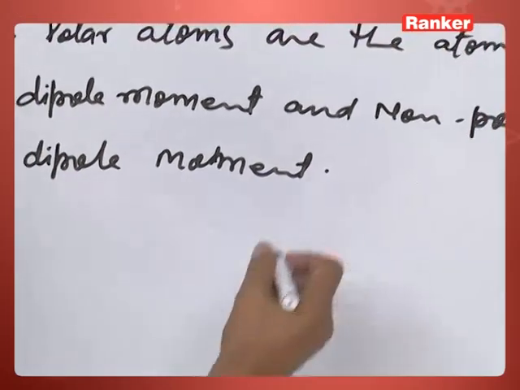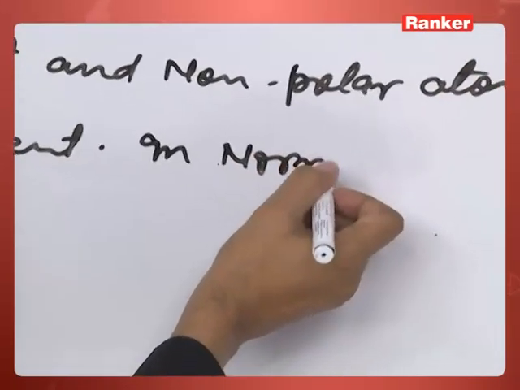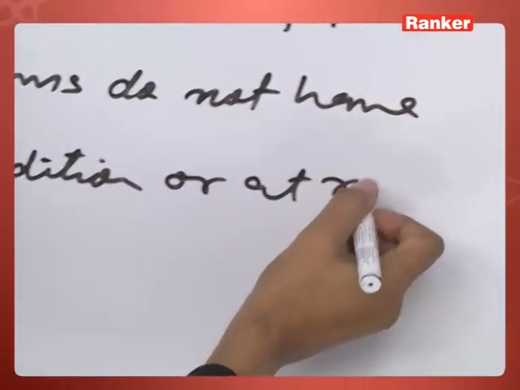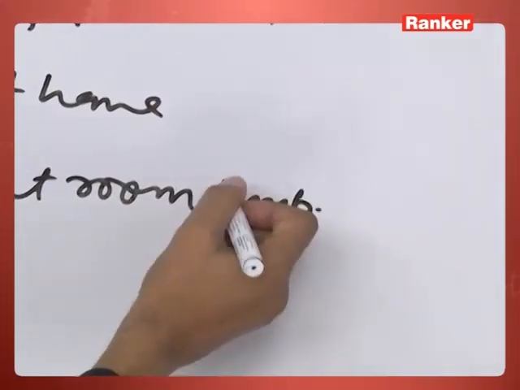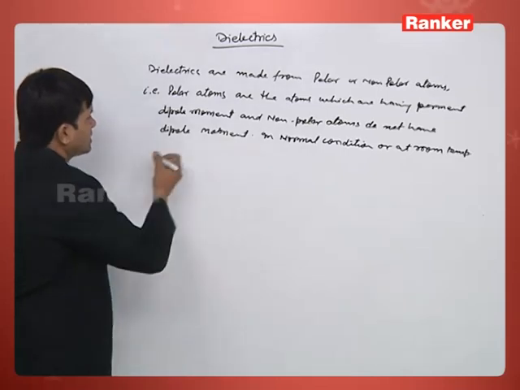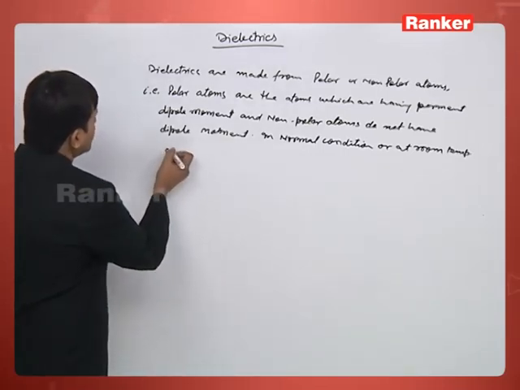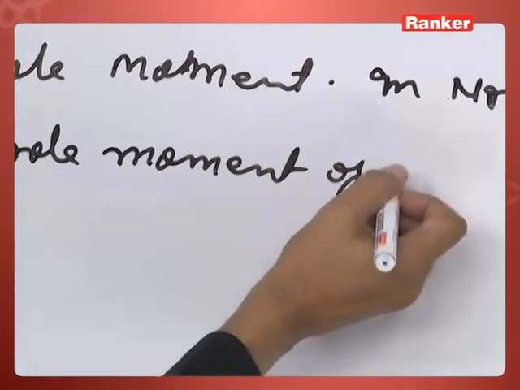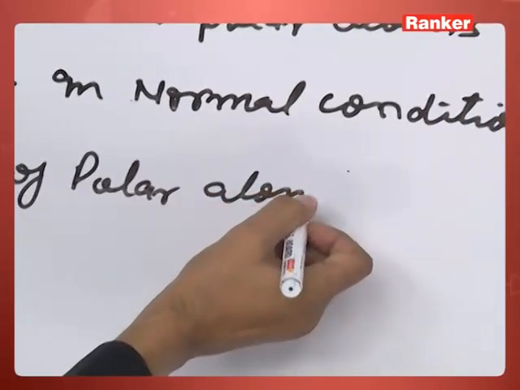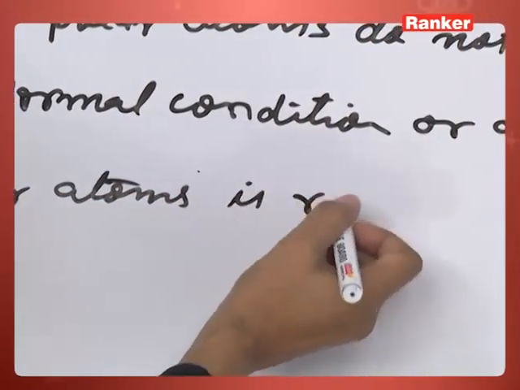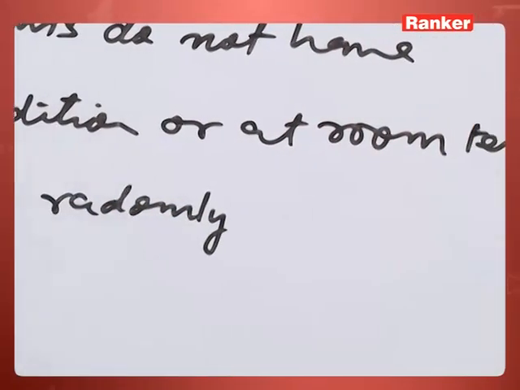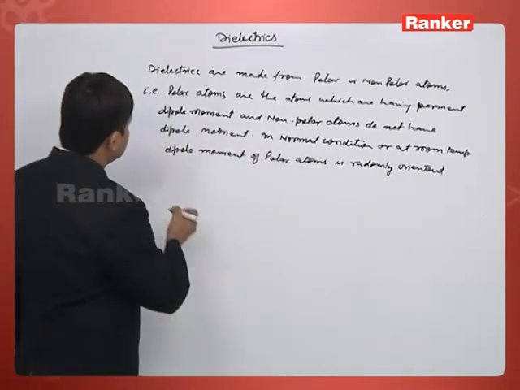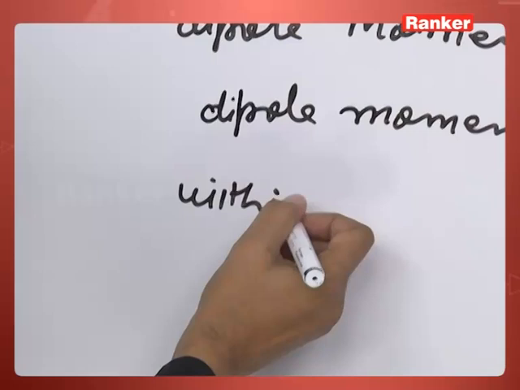So in normal condition, or at room temperature, the dipole moments of polar atoms are randomly oriented within a substance.